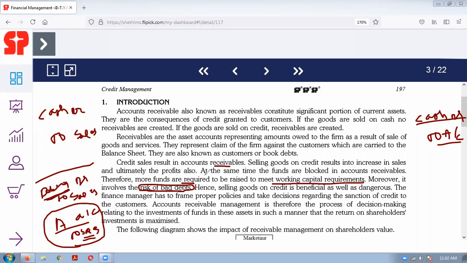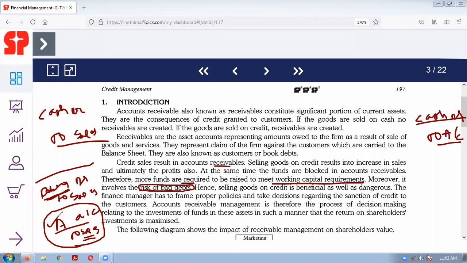Normally, if cash sales is there, what will happen? Cash account debit to sales, goods will go out, cash will come in. You can use the cash for circulation purpose. But when you do on credit basis, goods are going out, but money is not coming in. What is debited? Persons. They will pay after 2 months, 3 months.